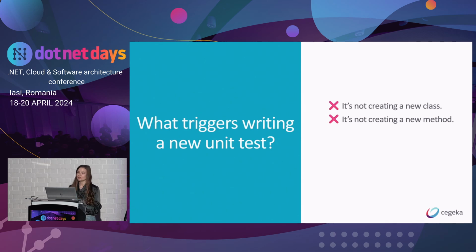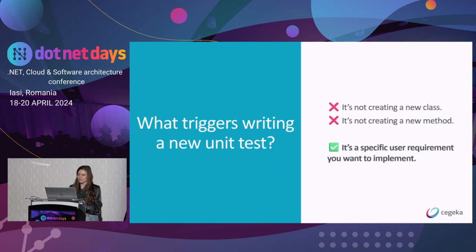It's not creating a new class. It's not creating a new method. Adding a new class shouldn't be the trigger for writing unit tests, and that's a failure in understanding unit testing. What should trigger a new unit test is the need for writing a new feature, for implementing a new requirement.